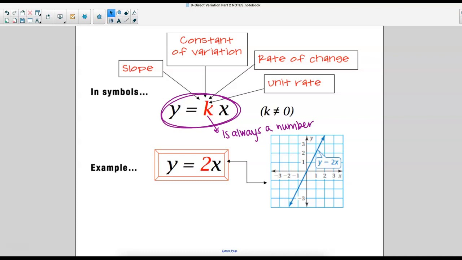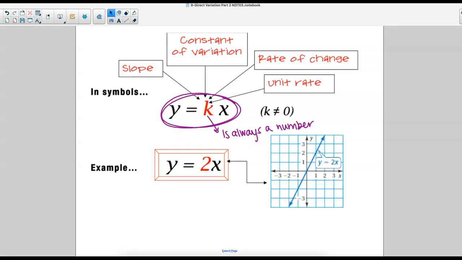Do you remember how to find slope? Slope is what? Rise over run, right? You step up and over. Okay? So whatever that slope is, it goes right here. So when I look at an equation, like y equals 2x, I automatically know the slope. What's the slope in this equation?